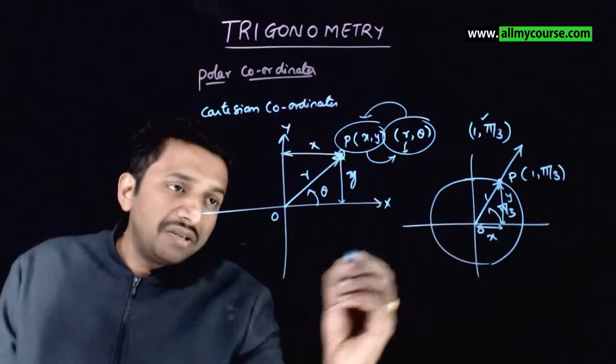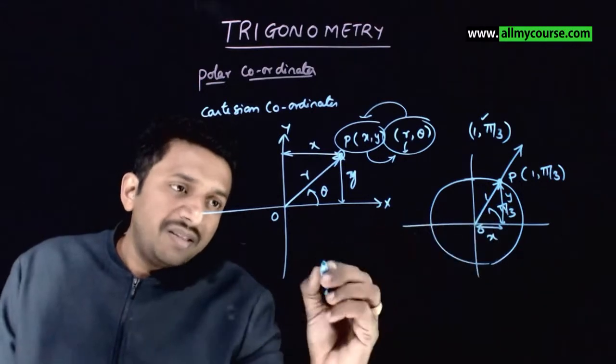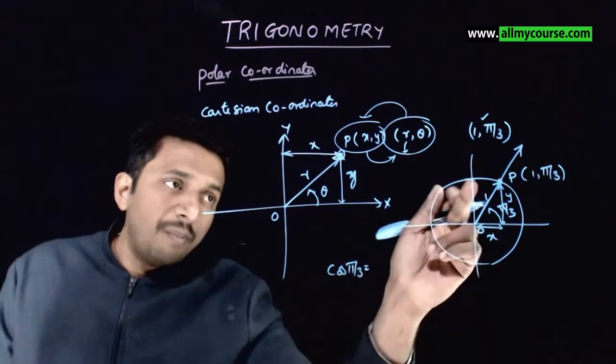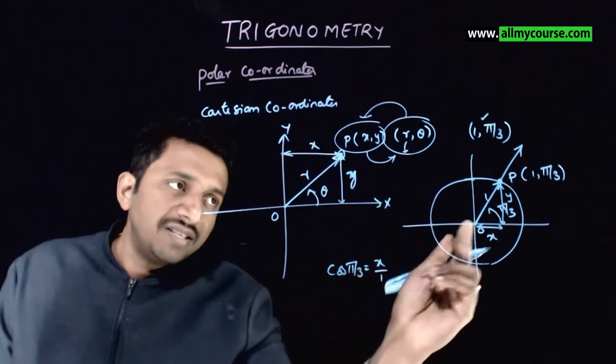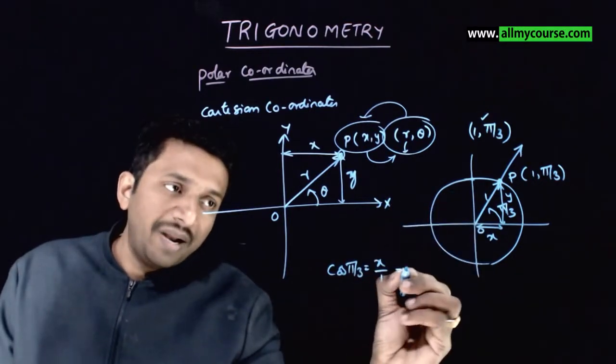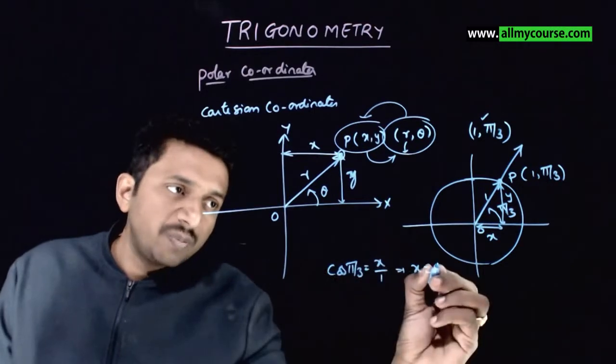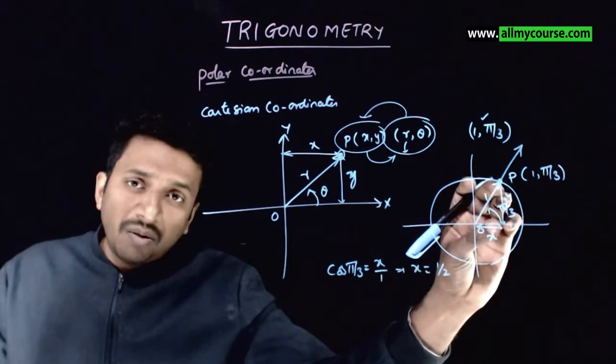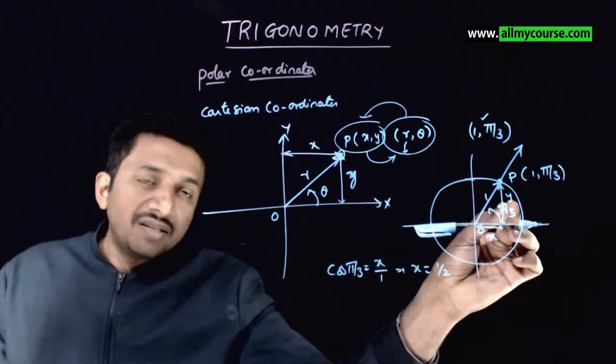By definition, cos pi by 3 is equal to x by 1, right? Adjacent side by hypotenuse. This implies x is equal to cos pi by 3, which is 1 by 2. Similarly, if you want the y coordinate, sin pi by 3 is y by 1.